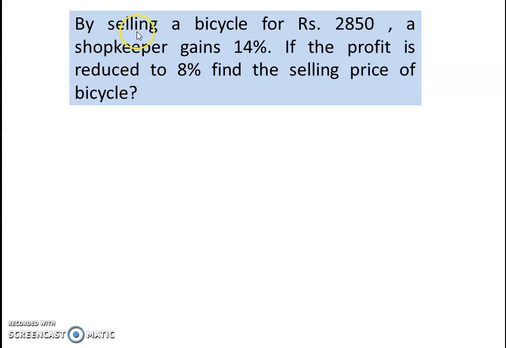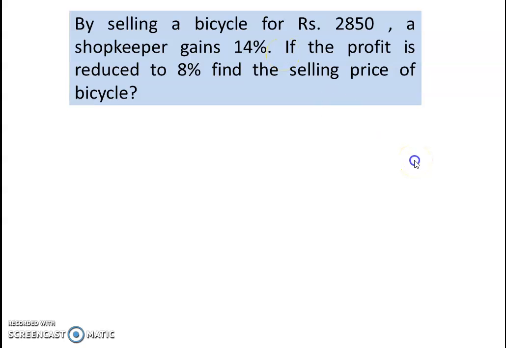Next question is, by selling a bicycle for rupees 2850, a shopkeeper gains 14%. If the profit is reduced to 8%, find the selling price of bicycle. In this case, we need to calculate the selling price when profit is 8%. And the given information is, selling price of bicycle is 2850 when gain is 14%.